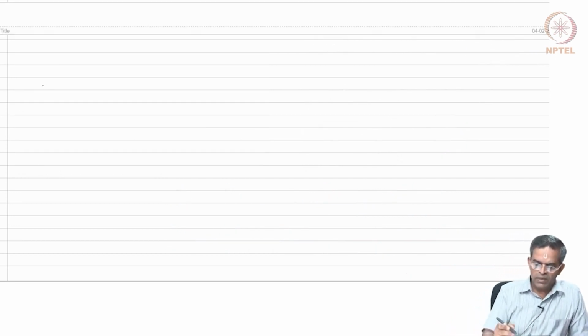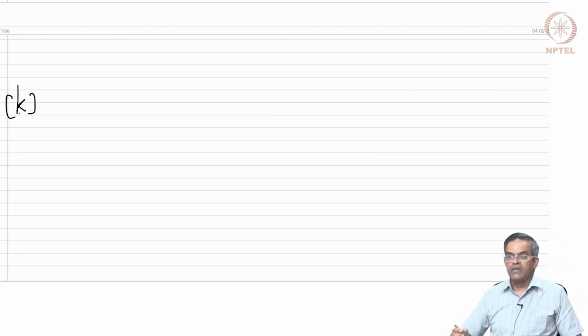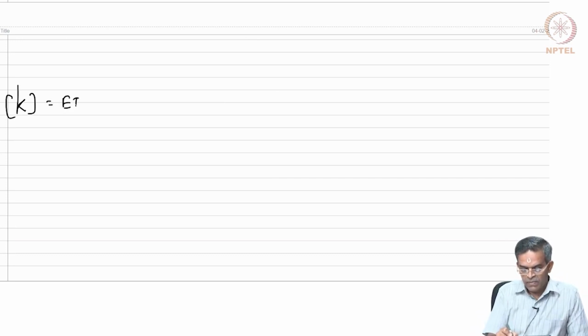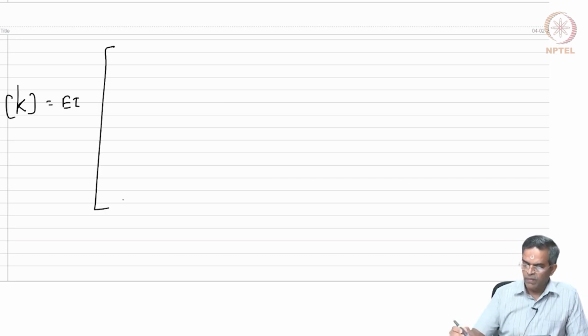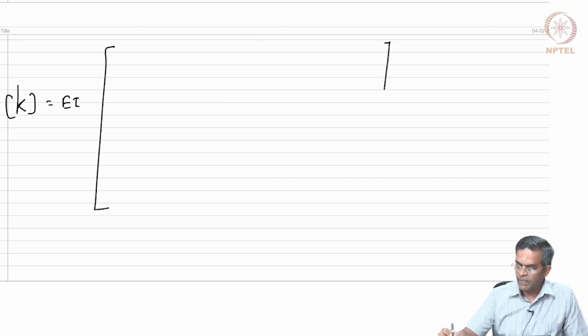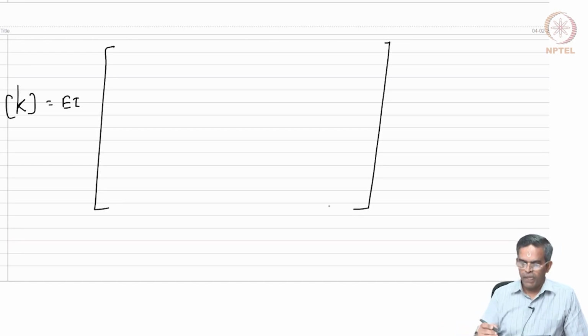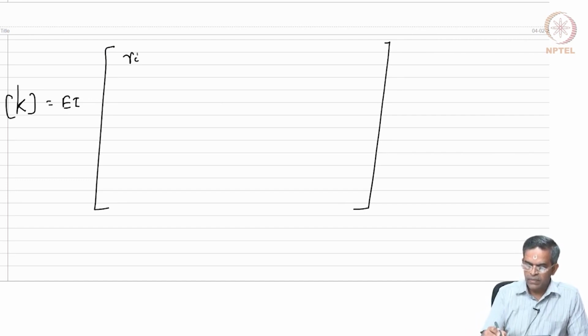I am writing the matrix form here, the stiffness matrix for stability function, okay. Ei times of, okay, Ri by Li, Ci Ri by Li.